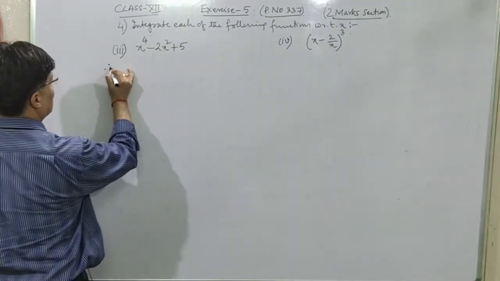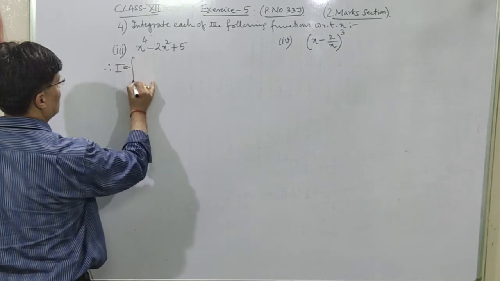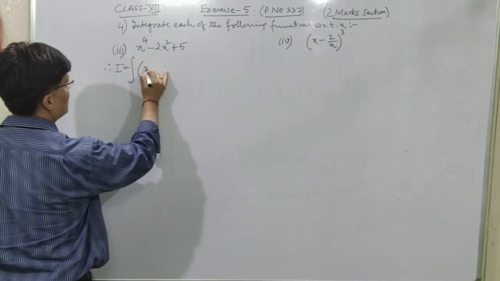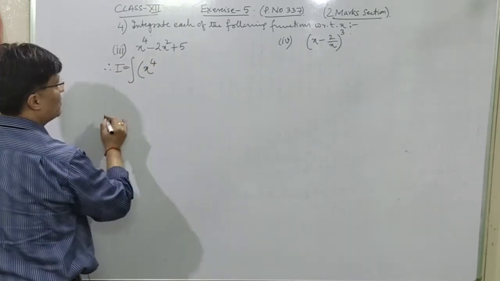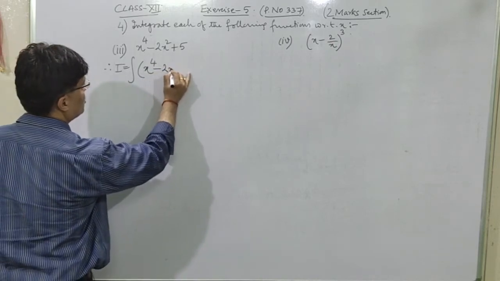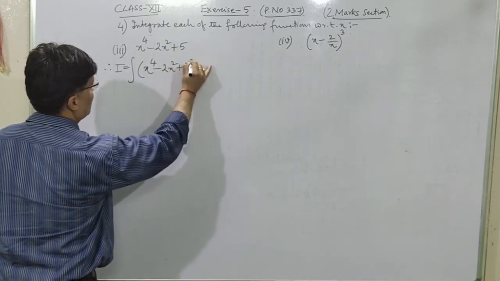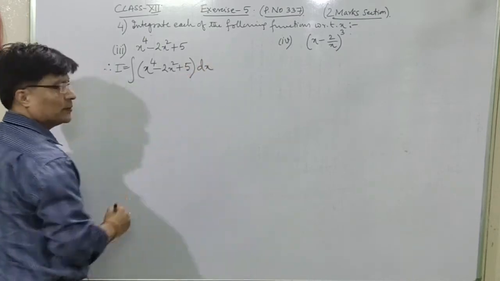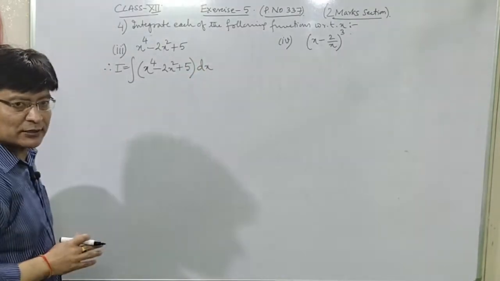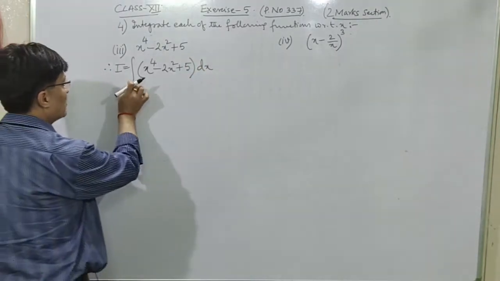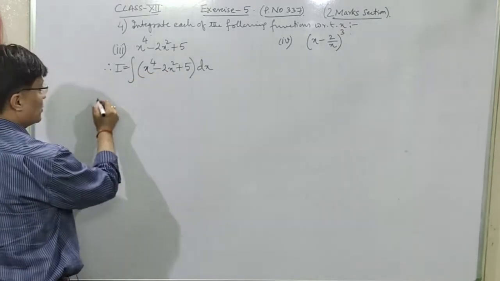So let us write I is equal to integration. We have to integrate this function. Let us keep it within the first bracket. x to the power 4 minus 2x square plus 5, bracket close, dx. Now you can separate the terms here. Now this integration is for all these three terms. Okay.